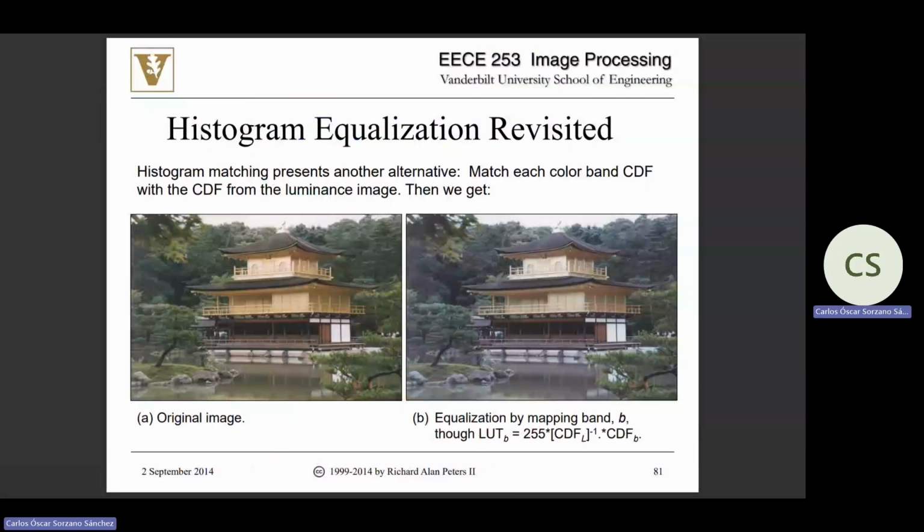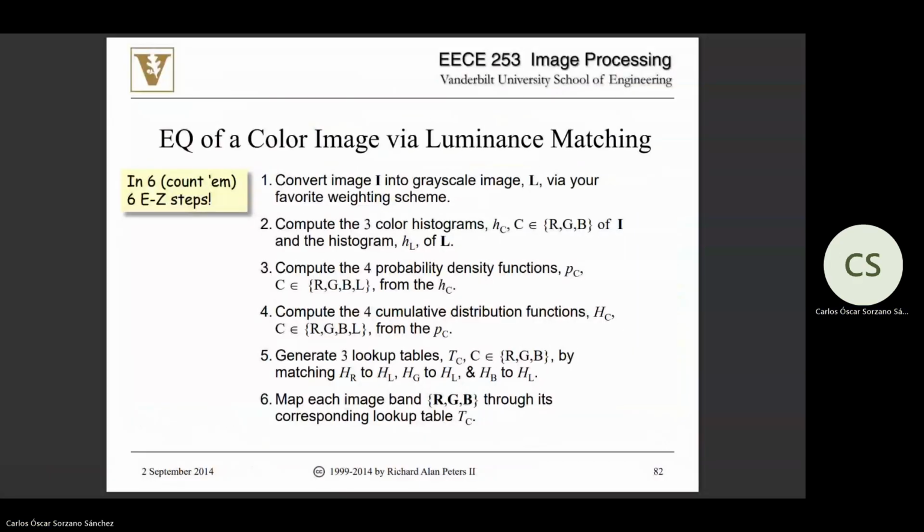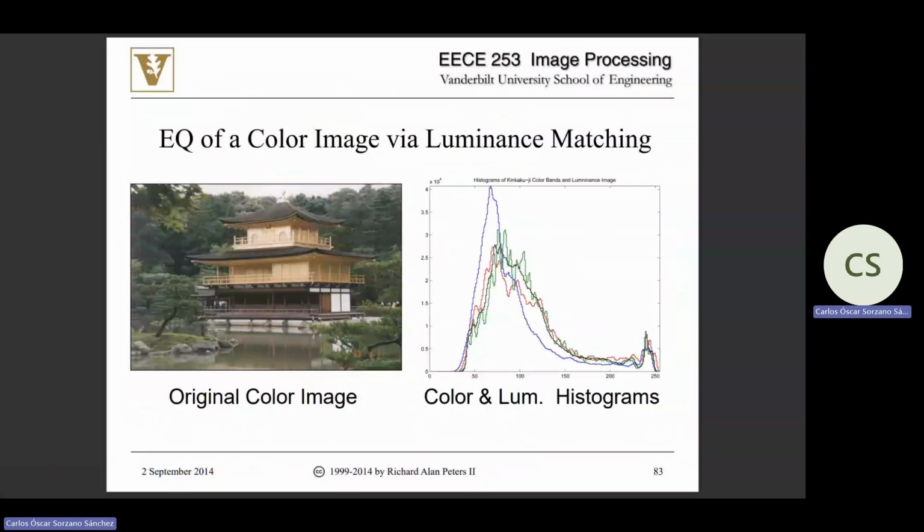Okay, and now it is even better. The relationship between colors is even better. We don't see very unnatural colors there. So this is a description of what we just did.